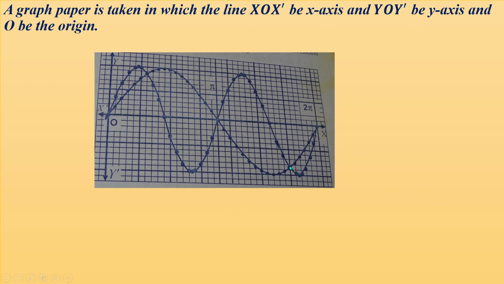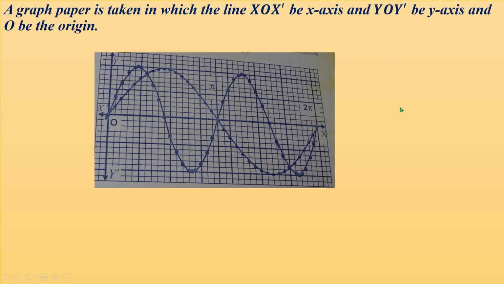And this point will be what? Count 5, 10, 15, 20, 25, 26, 27, 28, 29, 30. That means 30 into pi by 18, because each small division equals pi by 18. So 30 into pi by 18 equals what? 5 pi by 3, as 30 and 18 have a common factor 6.